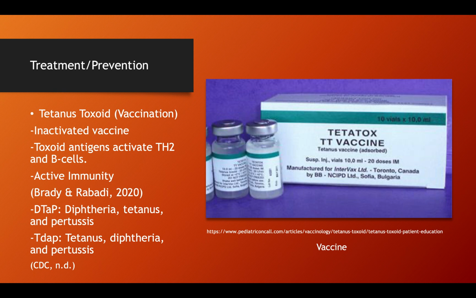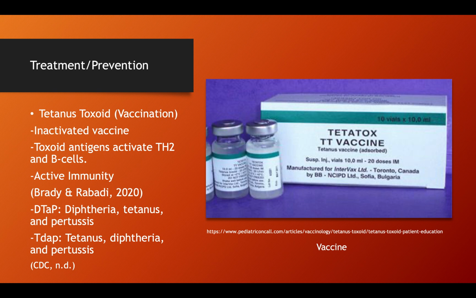The antigens activate the T helper 2 cells and subsequently the B cells, and it really induces active immunity inside of the host, which is going to give a stronger response down the line when the patient is exposed to the bacteria and the toxins.